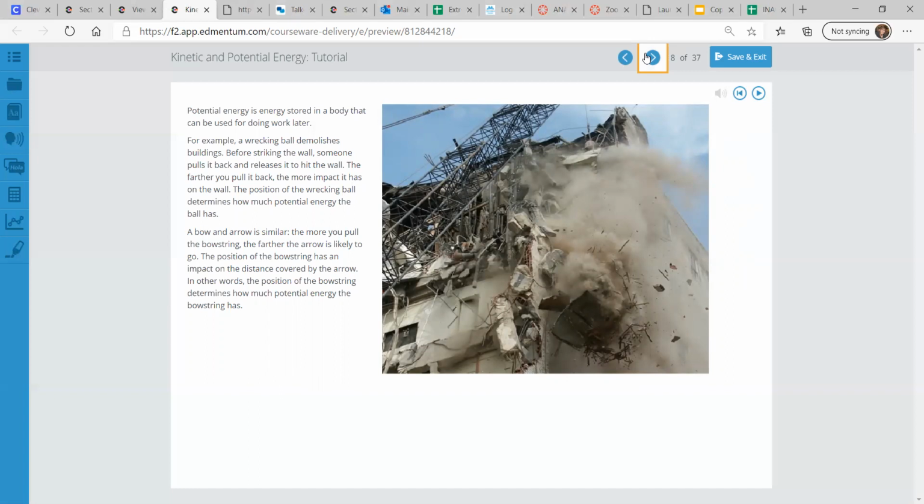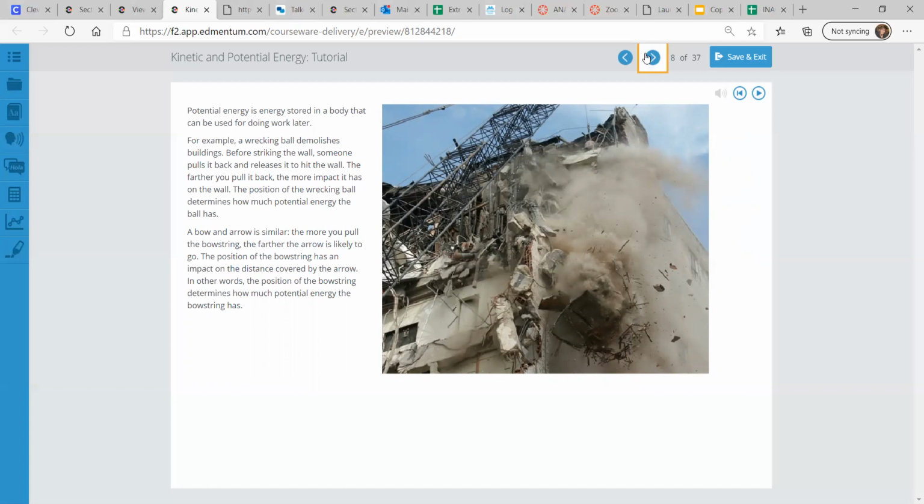A bow and arrow is similar. The more you pull the bowstring, the farther the arrow is likely to go. The position of the bowstring has an impact on the distance covered by the arrow. In other words, the position of the bowstring determines how much potential energy the bowstring has.